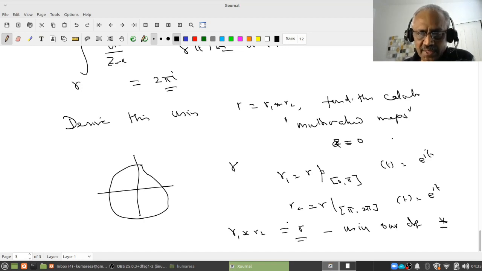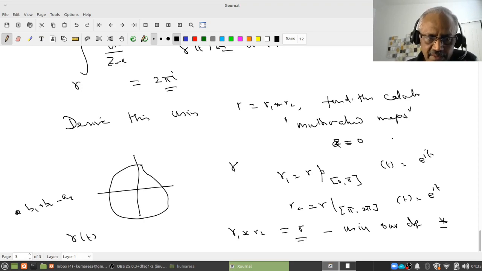This is a very trivial exercise because what is gamma? So for the second part, remember what is this first one? b1 plus b2 minus a2. b1 is pi, plus b2, which is 2 pi, minus a2, which is pi, again 2 pi. Therefore the domain of gamma must be a1 to b1 plus b2 minus a2, which happens to be 0 to 2 pi, right?